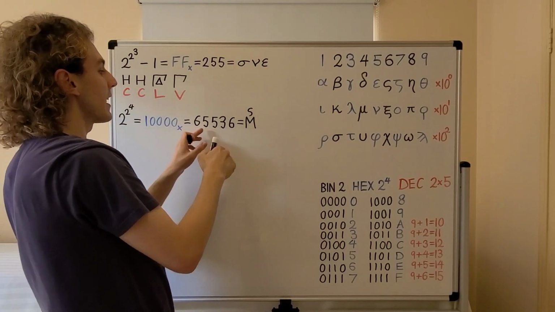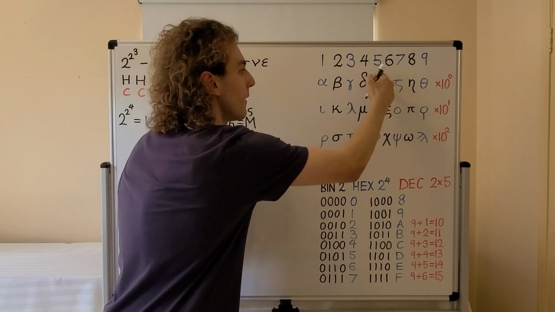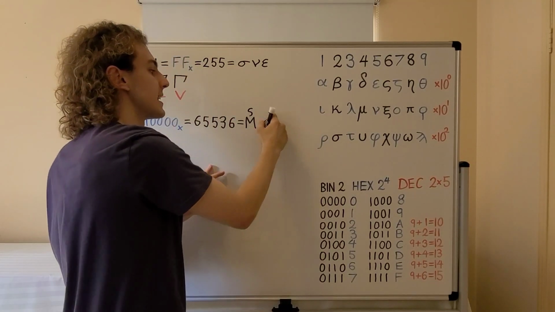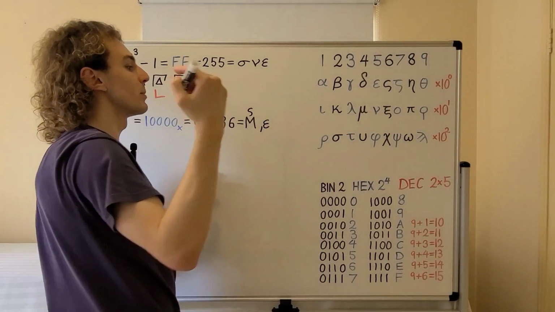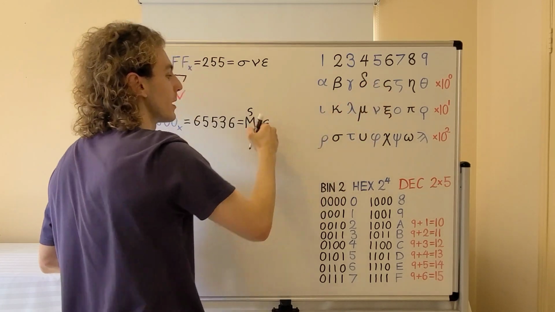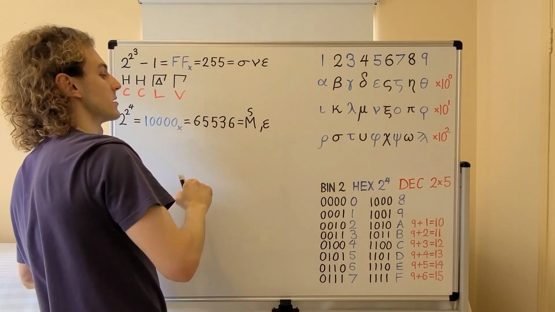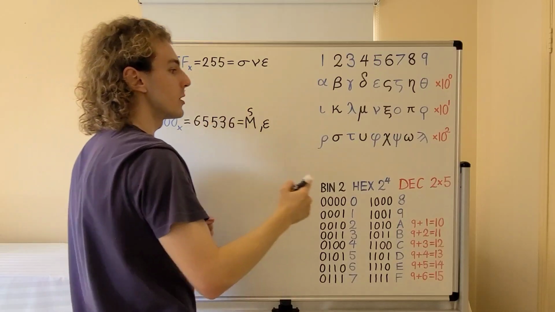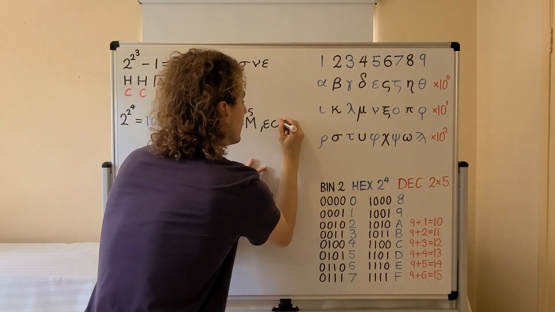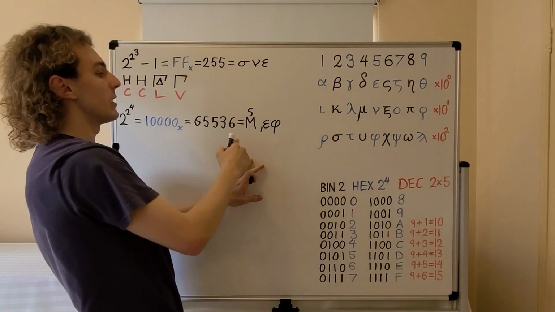Then we have 5,000s. So we're going to use 5, which is epsilon, and we're going to put a little mark over here. And this mark is telling us to interpret this as multiplied by 1,000. So we have epsilon, which is 5, and we multiply by 1,000. That gives us 5,000. Next, we need 500, and we have a letter that represents 500. That is phi. And then we need 30.